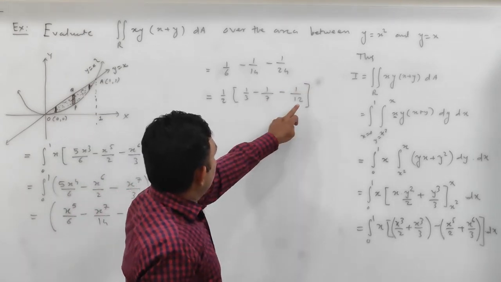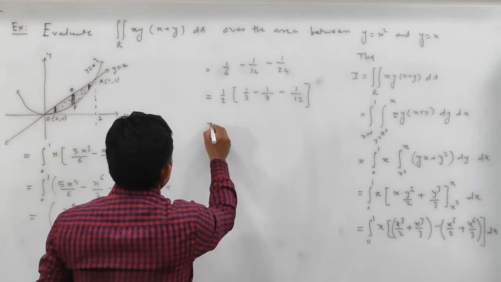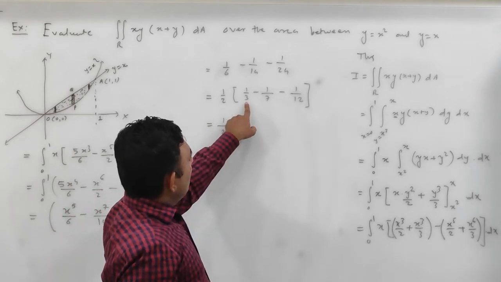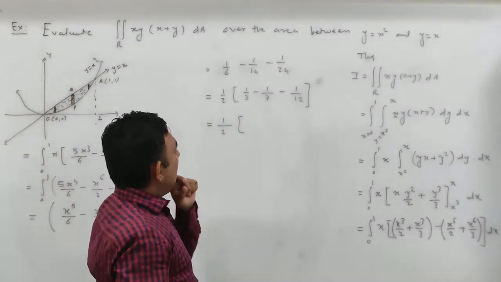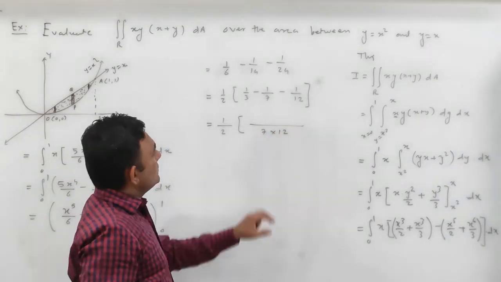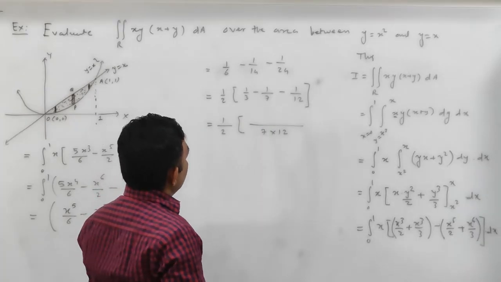You can merge the terms 1 by 3 and 1 by 12, but let us consider the LCM directly. The LCM will be 7 into 12, because 3 already divides 12.